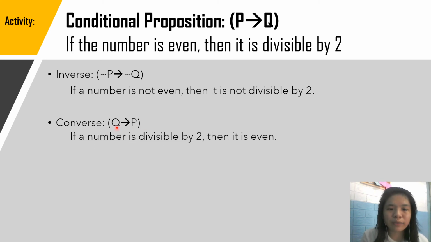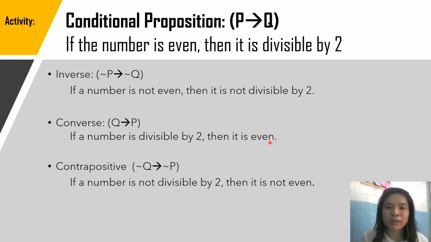So our converse is: if a number is divisible by 2, then it is even. How about the contrapositive? All we have to do is interchange and negate both the hypothesis and the conclusion. Correct. So our contrapositive is: if a number is not divisible by 2, then it is not even.